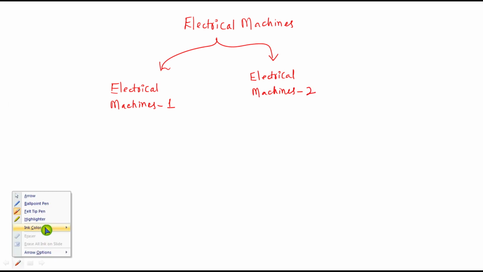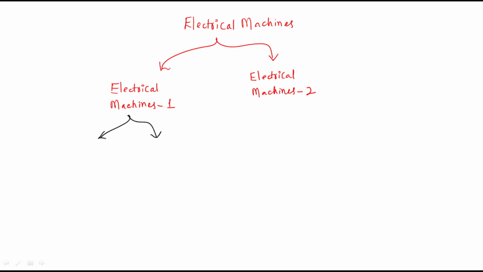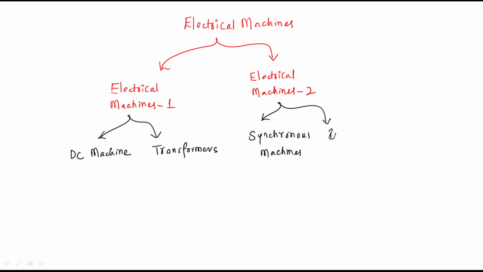So the courses which come under electrical machines 1 are DC machine, and second one is transformers, and the courses which come under electrical machines 2 are synchronous machines, and the last category is induction machines.